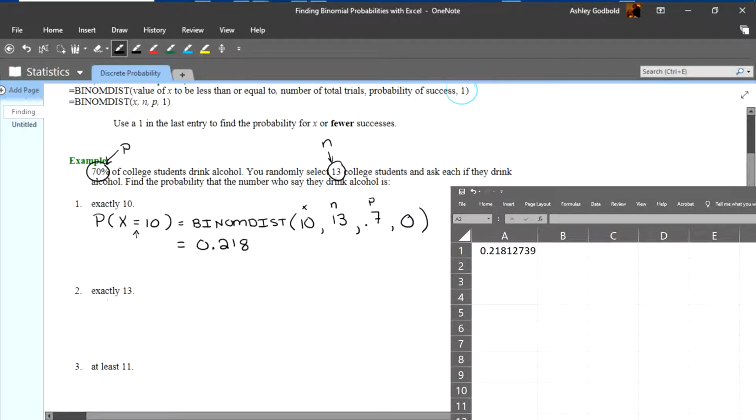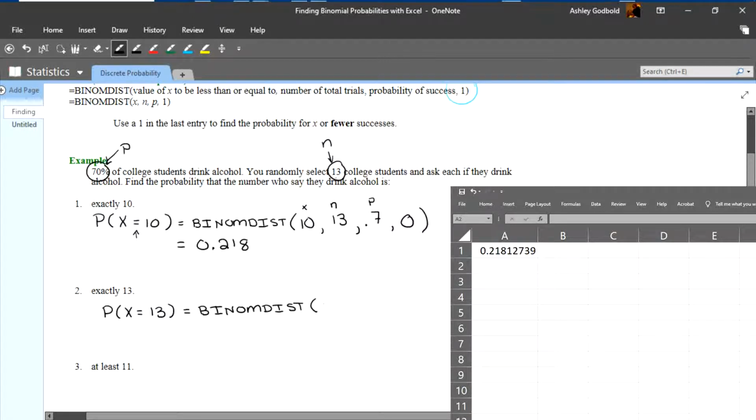Alright, so to find the probability that exactly 13 students say they drink alcohol, we do essentially the same thing. It's the probability that x is equal to 13. In this case, we're going to use the exact same function, the binom dist, and I'll write it again, just to be clear, because it's kind of like me showing my work.